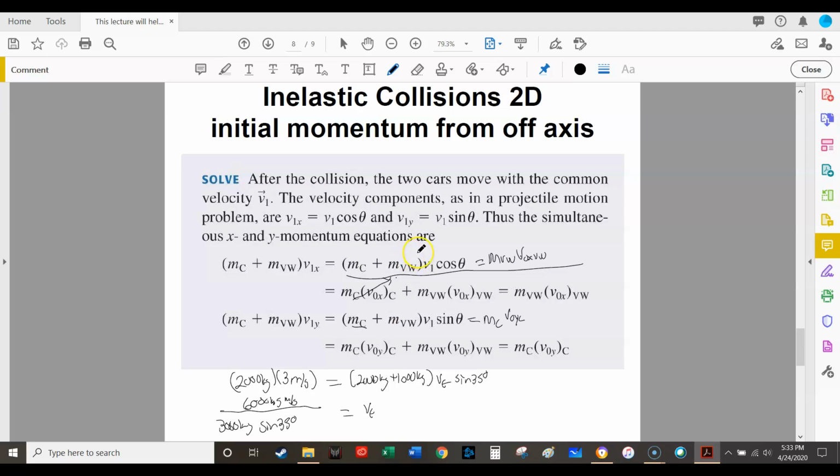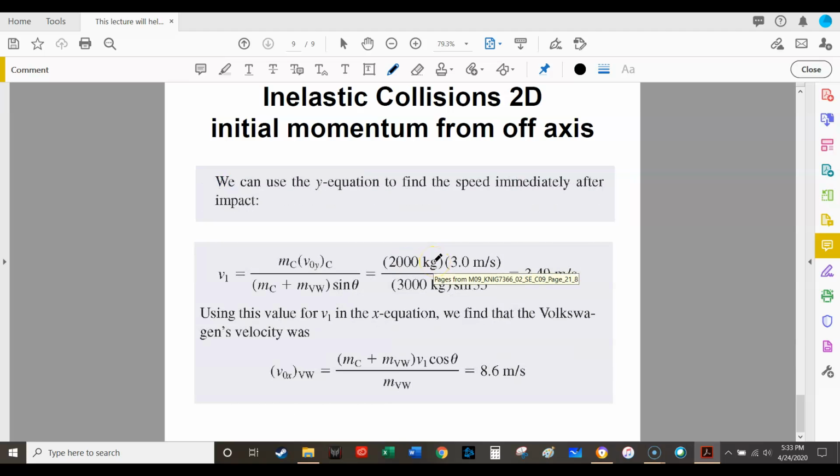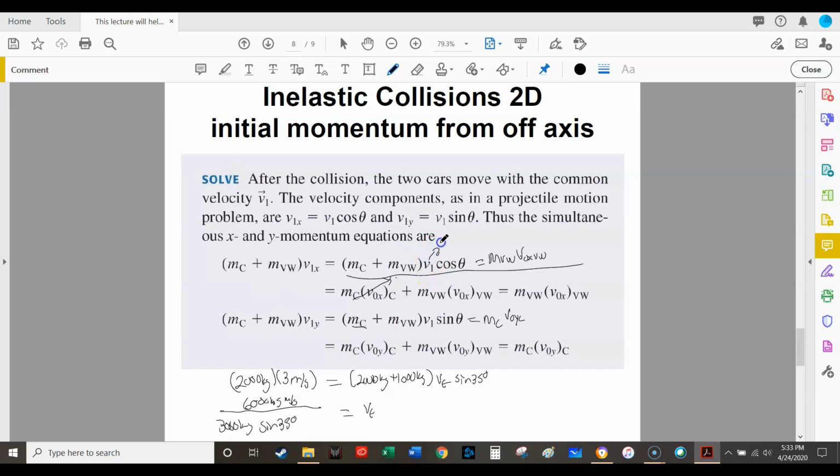So now we know what this is, which is 3.49 meters per second, because we found it from here. They plug it into here, and now they solve for the initial velocity of the Volkswagen. I'm going to copy this equation down here.